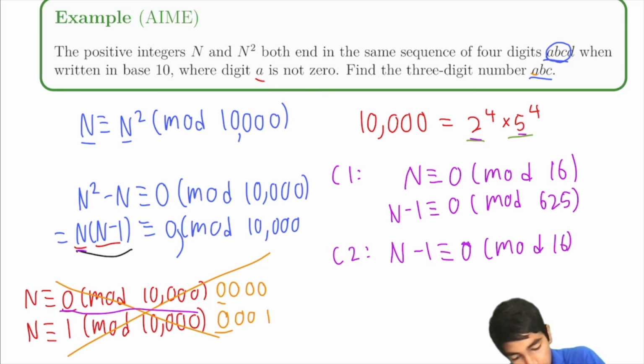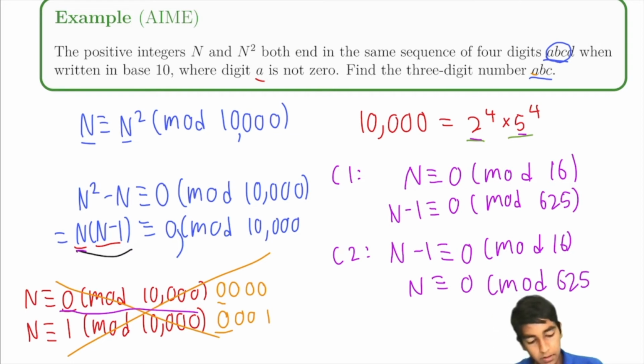N minus 1 is 0 mod 16, and n is 0 mod 625. And we already counted the cases where one of n or n minus 1 is a multiple of both 16 and 625, and we found that they both don't work.